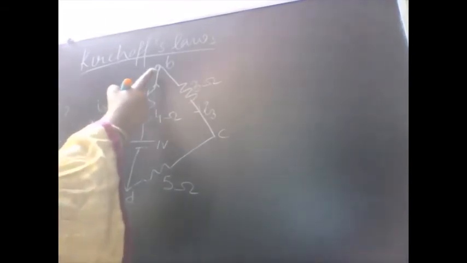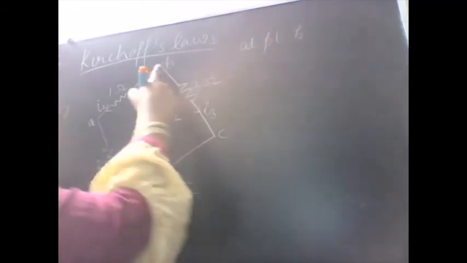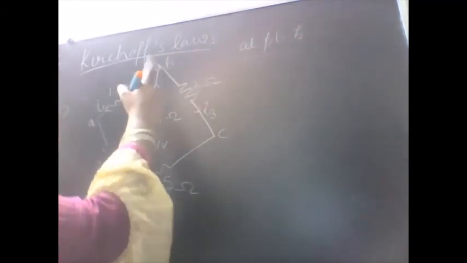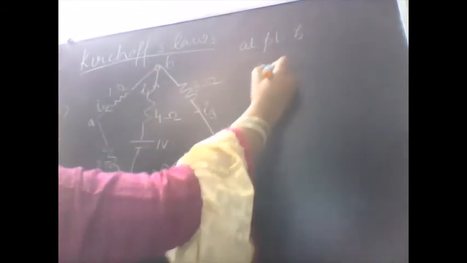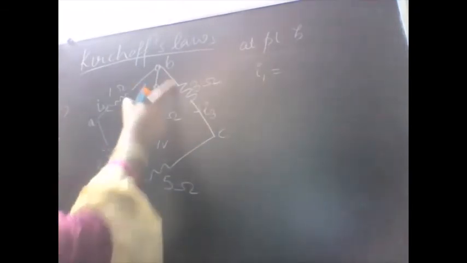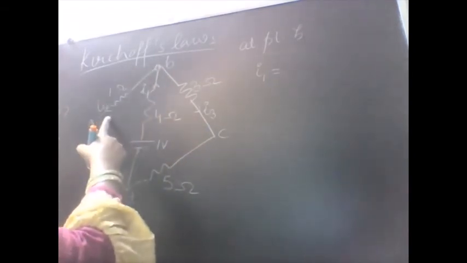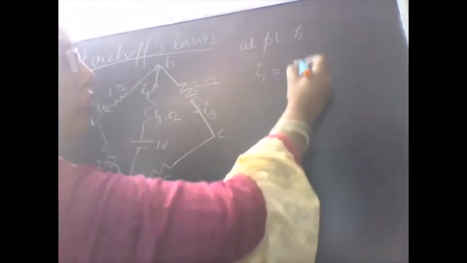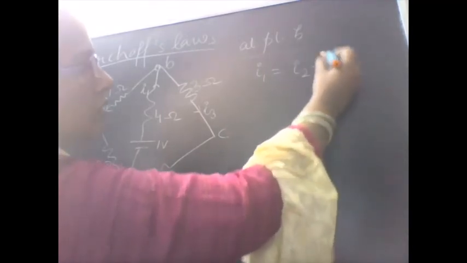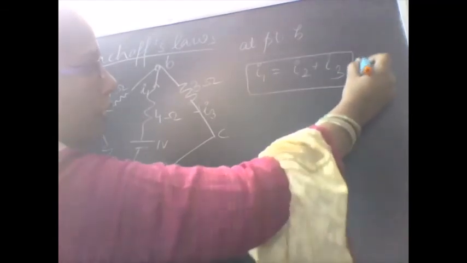If I apply the KCL at the point B, since the current I1 is entering here, I1 should be equal to the sum of all the currents that are exiting. I3 is exiting from the point B and I2 is also going out. So it is I2 plus I3. This is my equation number 1.